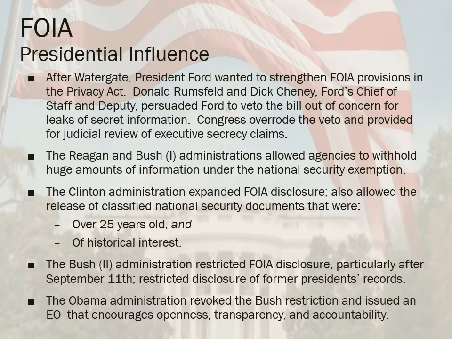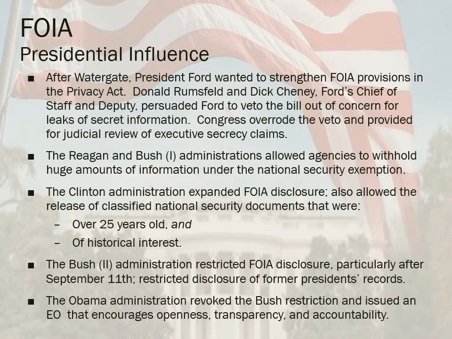However, his chief of staff, Donald Rumsfeld, and his deputy chief of staff, Dick Cheney, persuaded Ford to veto the bill because they were concerned about the potential for leaks of top secret information. Now, in that case, Congress was able to override the presidential veto, and to offset concerns about security, Congress provided the opportunity for judicial review if the executive branch claimed that there were top secret or otherwise classified information.